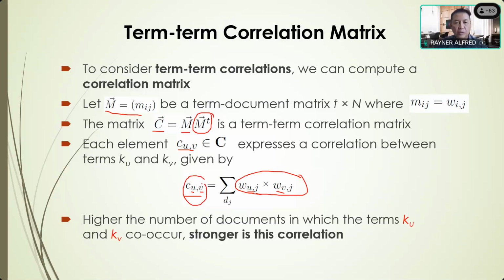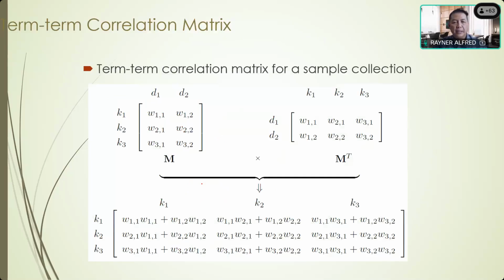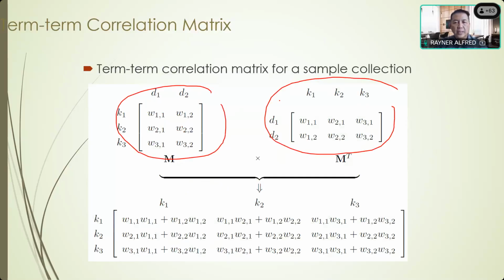Okay, let me show you the example here. This is our term document matrix. We transpose it, so rows become columns and columns become rows. It is basically the same, but transposed, and then we multiply them.